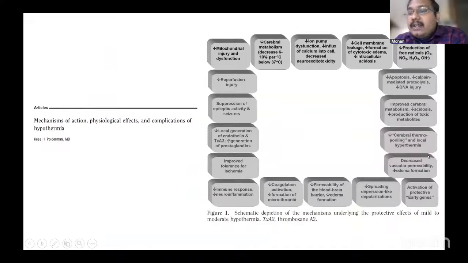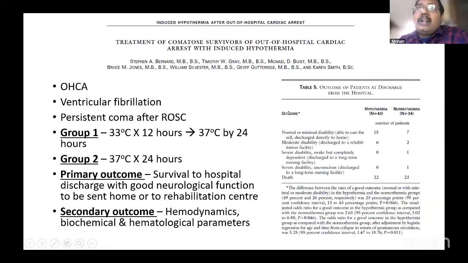Apart from that, it reduces the vascular permeability. Also, it reduces the inflammation, and maybe it also suppresses epileptic activity and seizures, and overall it reduces reperfusion injury. So now, hypothermia being an all-rounder, people came to know that hypothermia acts at multiple levels and it prevents brain injury.